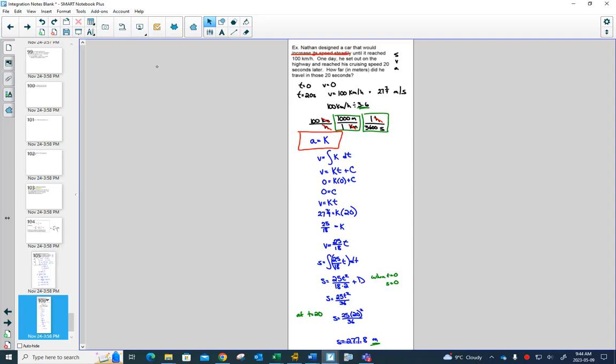So we didn't know the acceleration. I put it as k, and at that point, often as a student, we want to stop. Because, oh, I don't know something, so I can't keep going. That's very typical, and it's actually a good thing to do in a lot of situations.